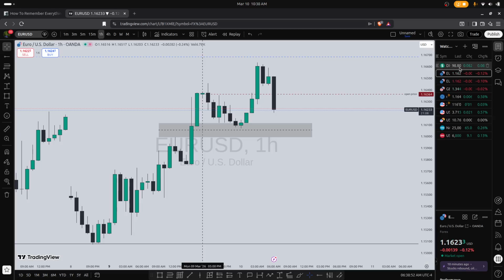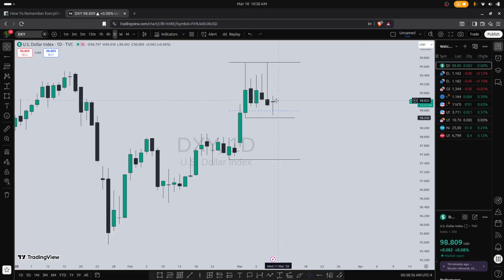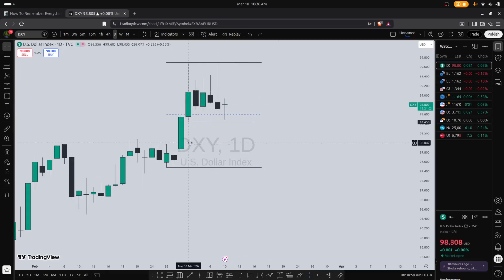Let's look at the XY. If we look at the XY, we can see that price has not traded into any key level in the discount region, and the only key level in this discount region is this fair value gap, which has not been traded to.